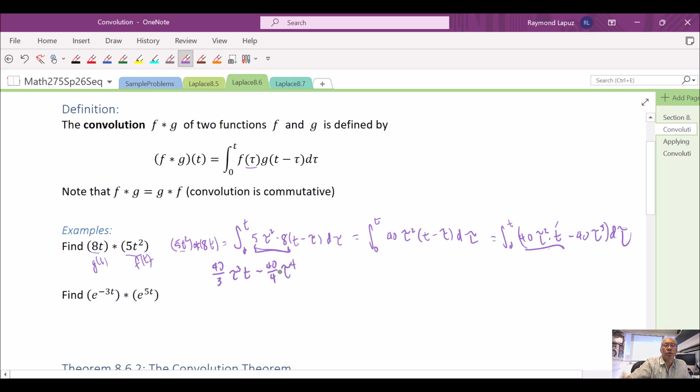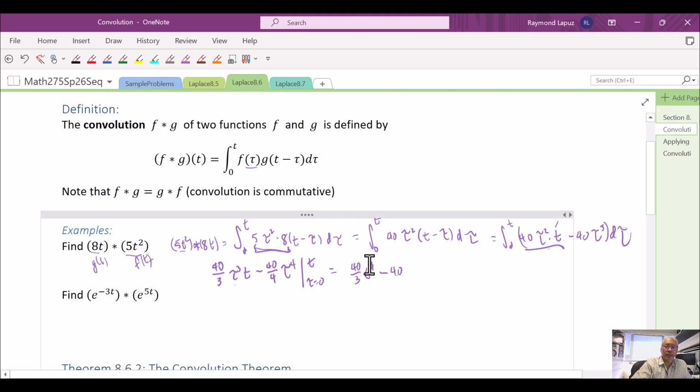So this is 40 times tau to the 4th over 4. And then we're going to evaluate, tau is our variable, from 0 to t. So we know when we put 0 in here, everything's going to disappear. So if we put t in here, this is going to be 40 over 3 t to the 4th, and minus 40 over 4. I guess that's just 10.